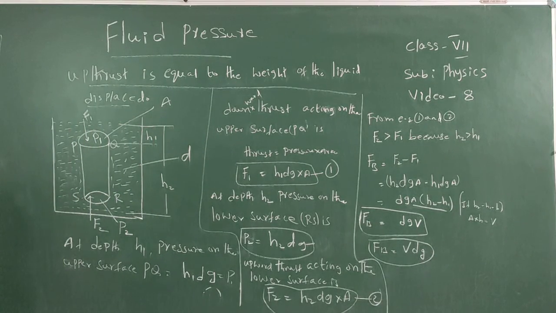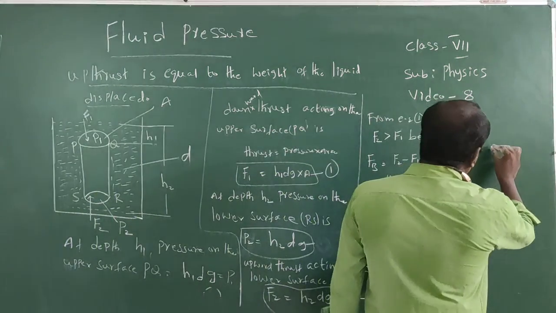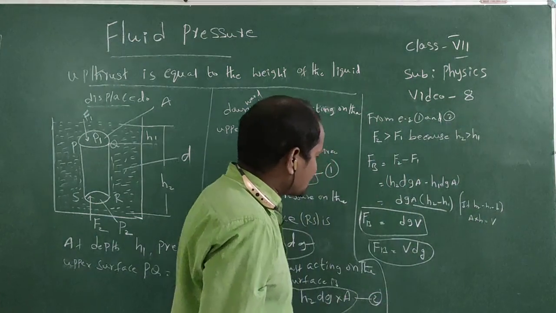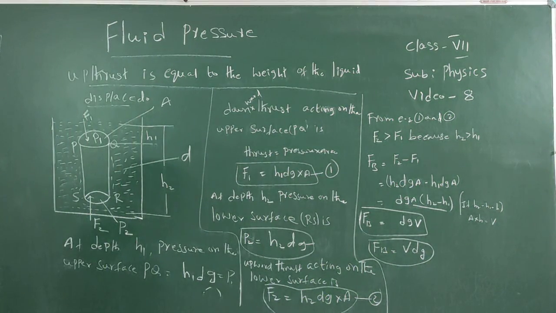Upthrust is nothing but the buoyancy force, equal to Vdg: the volume of the solid immersed, or volume of liquid displaced, into density of the liquid into acceleration due to gravity. We know that density D equals M by V.